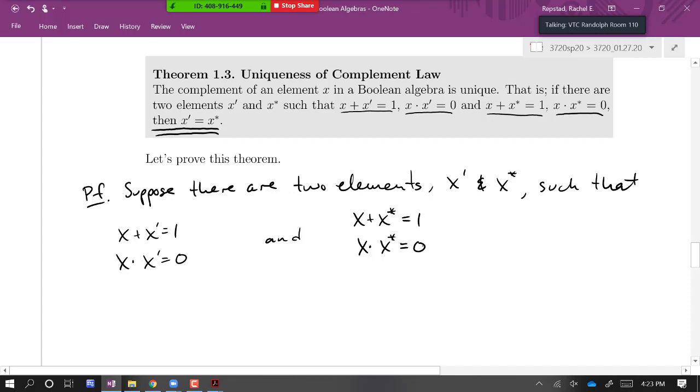This is what it means for them to be the complement of x. We will show that x prime is equal to x star.